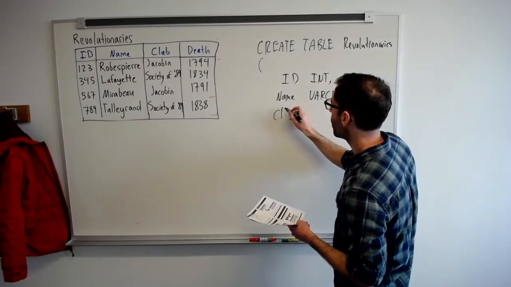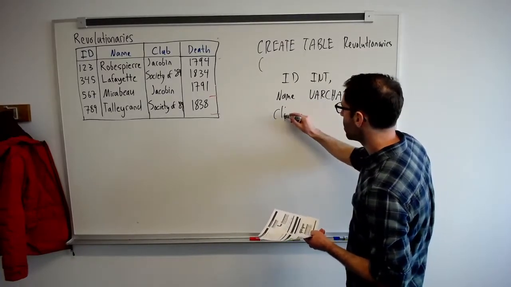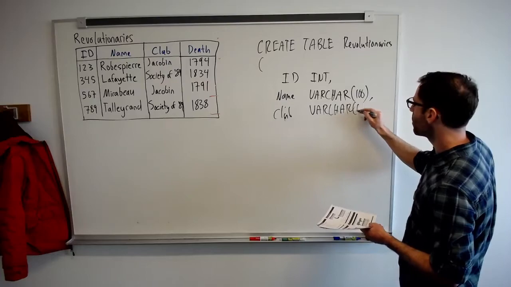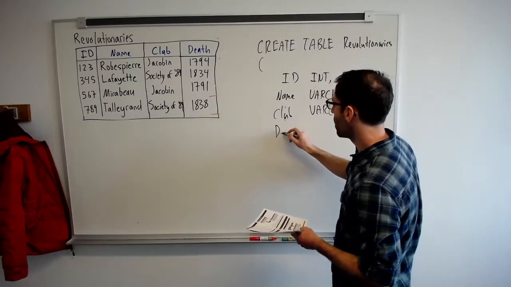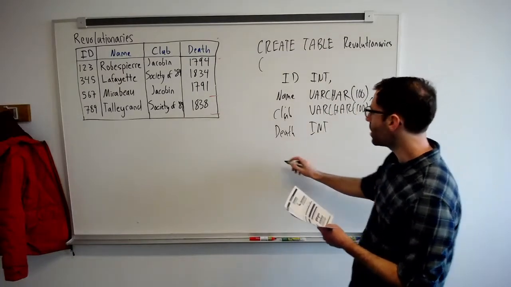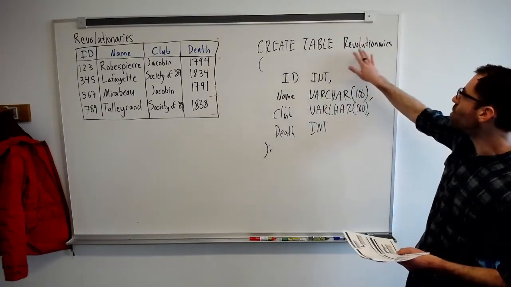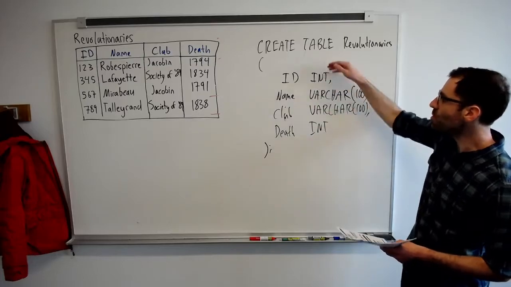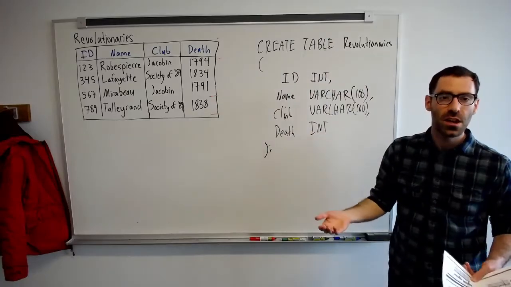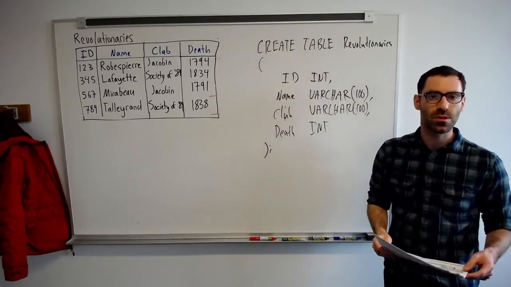We then would have club, make that a varchar as well. And finally, death would also be an int. And this is a SQL statement that would create a new table called revolutionaries with these 4 attributes that have these 4 types. And again, all of this is case insensitive, but capitalizing the SQL terms helps them stand out.